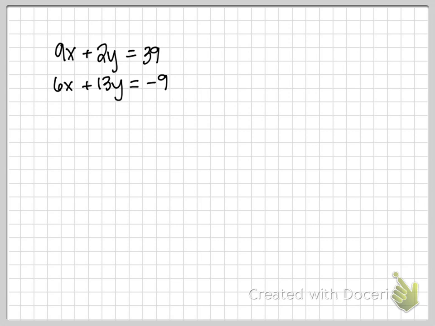So we need to manipulate both equations so that we have a set of opposites. So what if I do something like, let's get this 9x to become 18x.